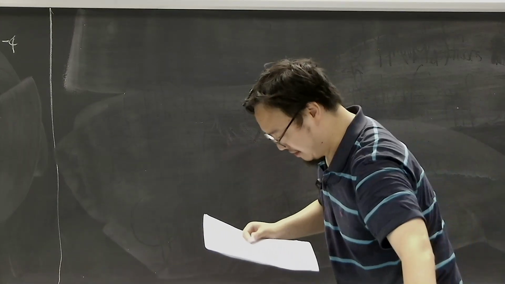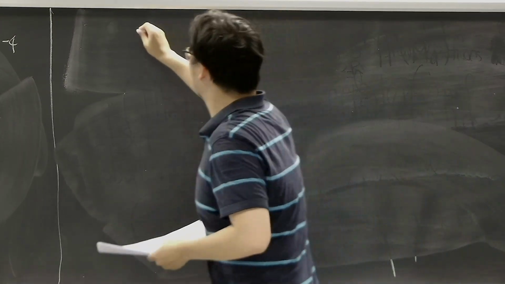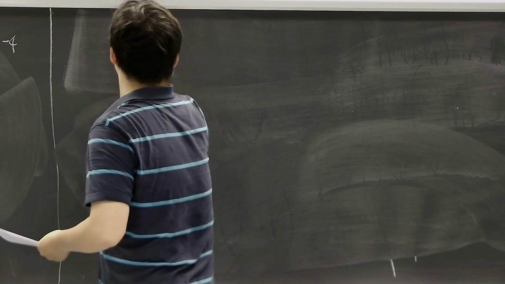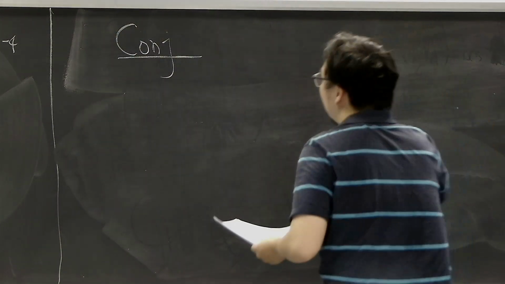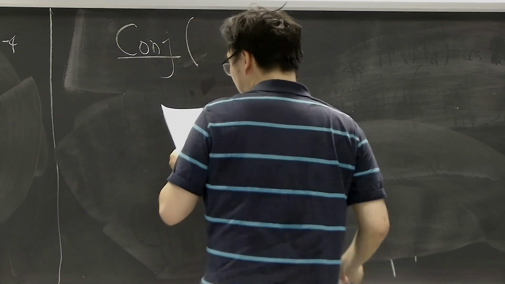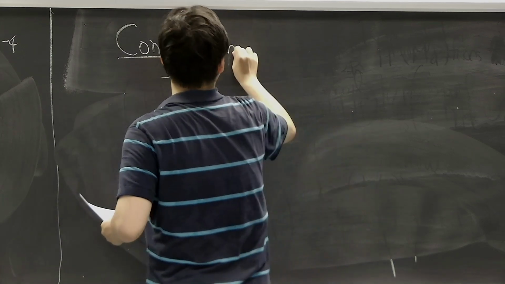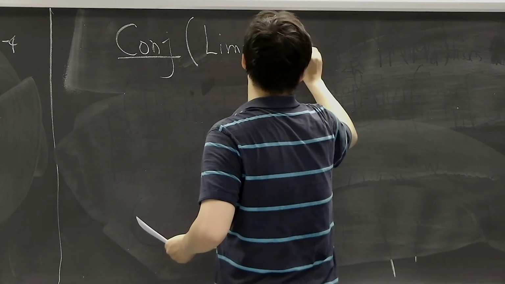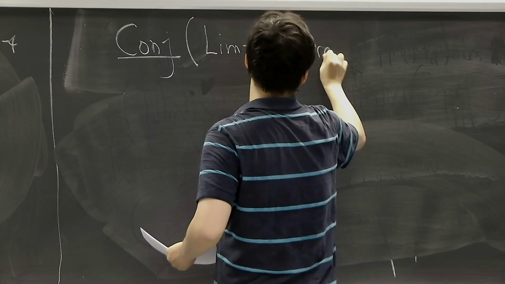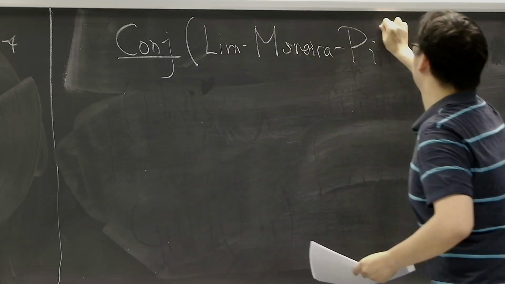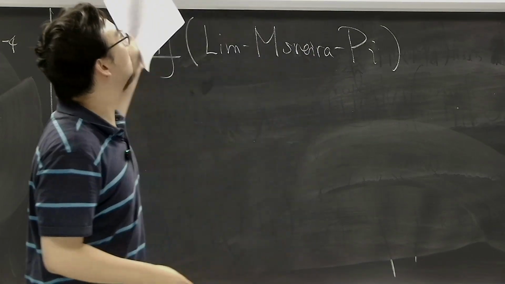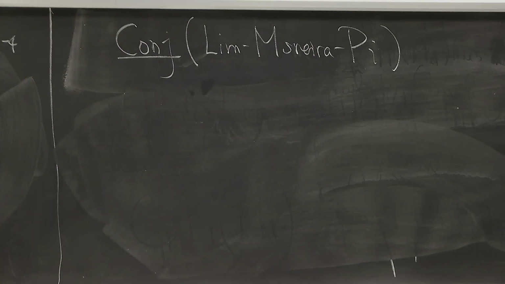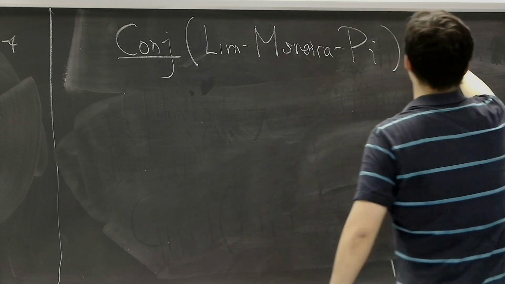Okay, let me make a conjecture. We conjectured at the beginning for this range, and I'll explain the reason. But then Lim, Moreira, and Pi conjectured that for P2, the two filtrations are the same on the nose, without any cohomological constraint.